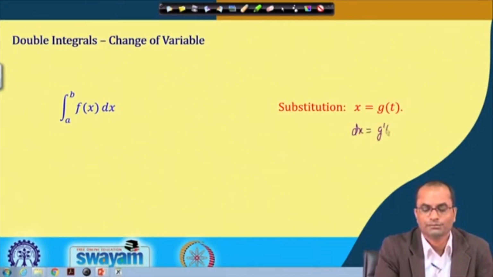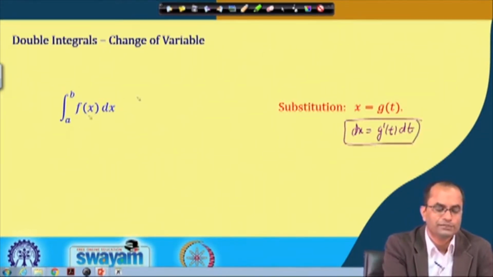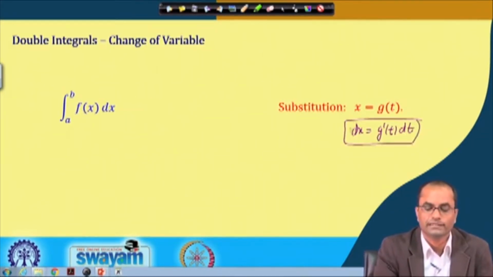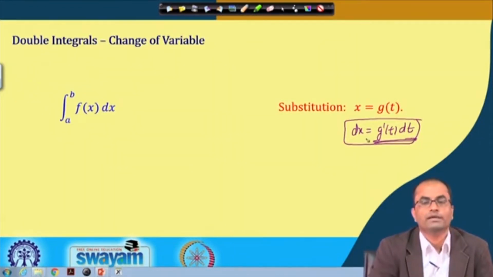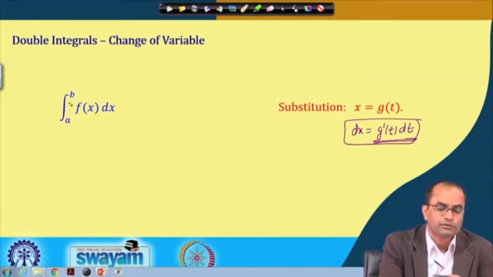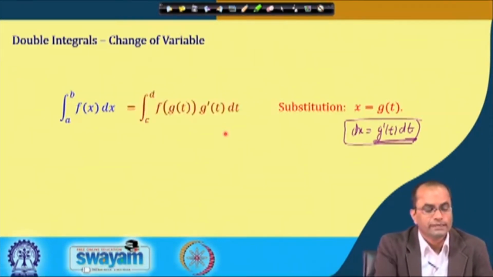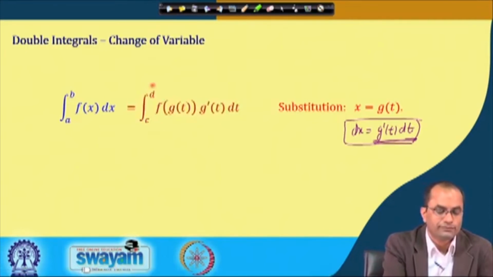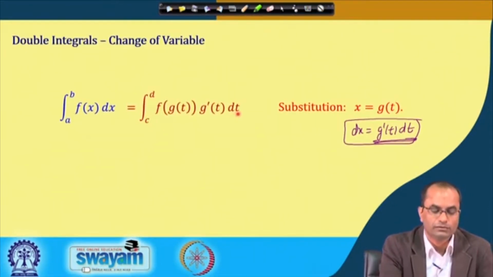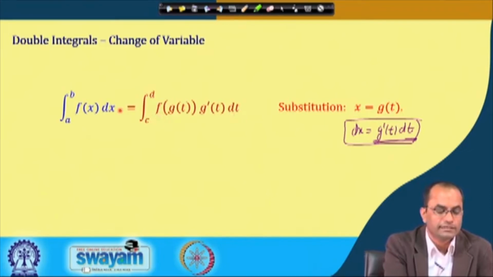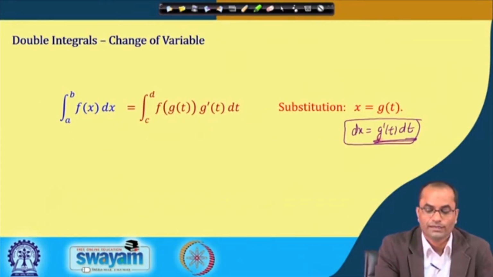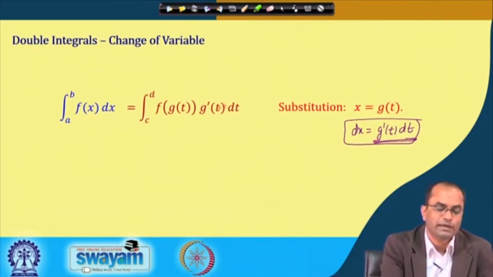So, dx will be g prime t and dt in this form, and then we substitute this x as g t, and dx will be the g prime t dt, and then the corresponding limits will appear there. So, the idea used to be that we have the corresponding limits now of this t, and this x was substituted by the new function g t, and for dx we have got here g prime t dt.